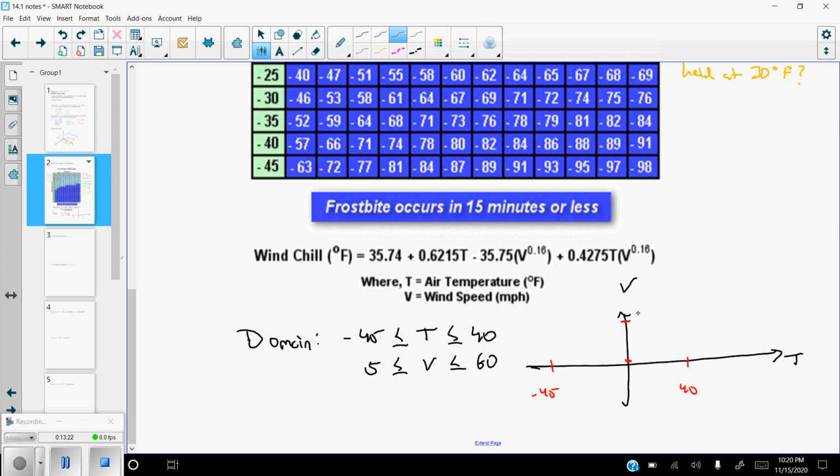It's not really drawn to scale, but you get the idea. So our domain is anything in that box, basically. I'm going to draw this. It's supposed to be just above the axis there at 5, all the way up to 60, and across. Whoops, missed. So this is our domain. Everything in that vicinity. Okay, and that's it. That's a sketch of your domain.